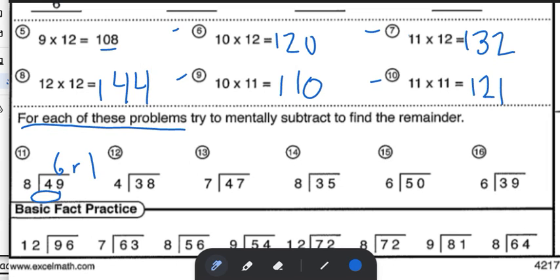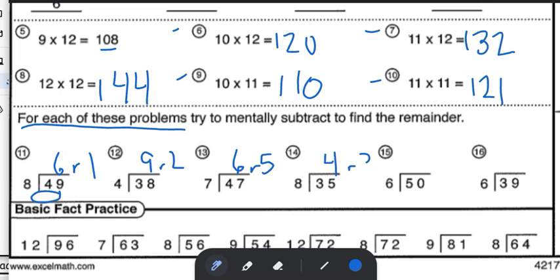Here we go. 4 into 38. 4 times 9 is 36. 2 more makes 38. 9, remainder 2. 7 goes into 47. Well, let's see. 7 times 6 is 42. So 42 to 47, that's 5 more, right? 6, remainder 5. 8 goes into 35 4 times because 8 times 4 is 32.